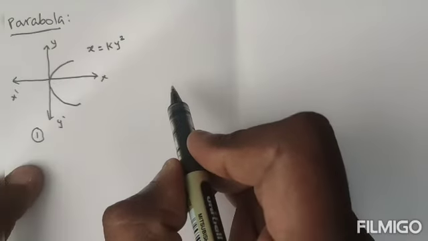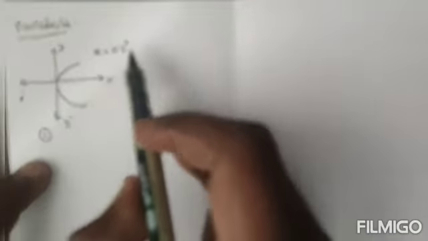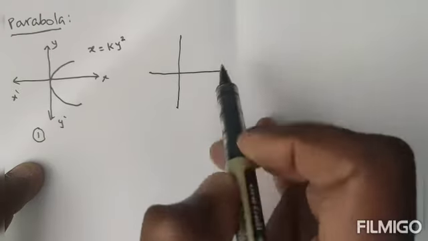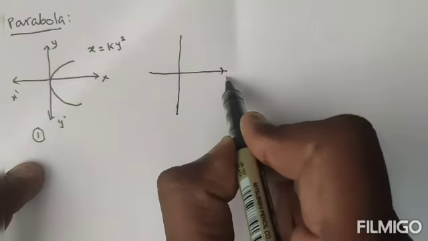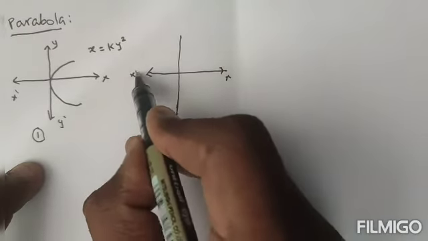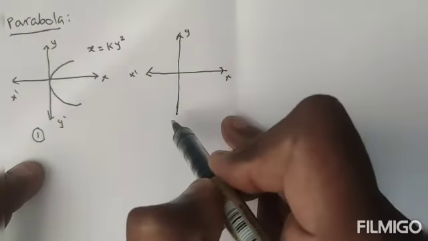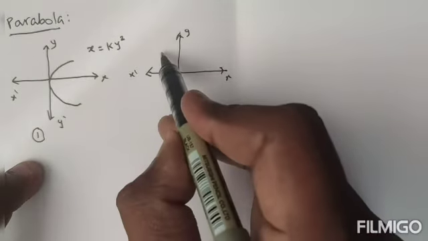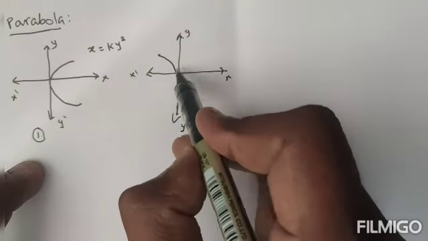Then the second structure, that is also based on the x equation. Again x dash, y and y dash. So here now the opposite side is like a left side.